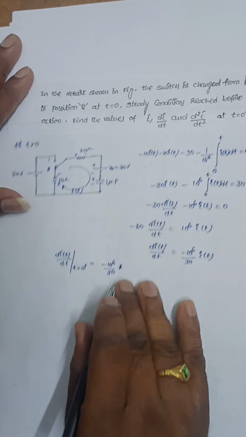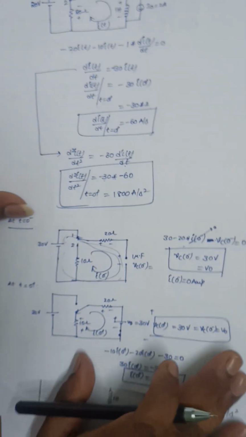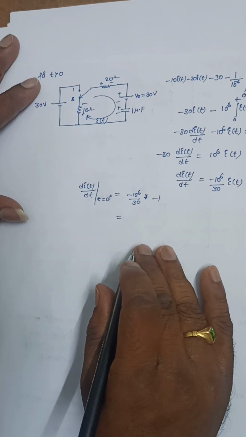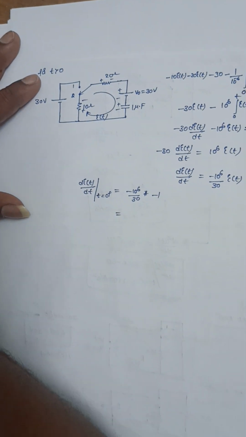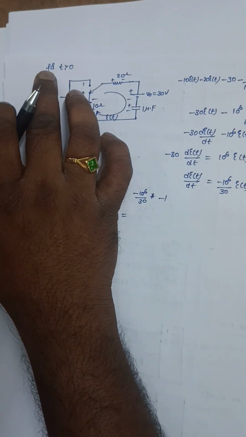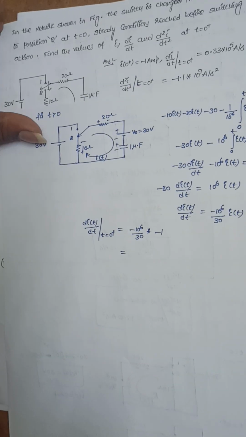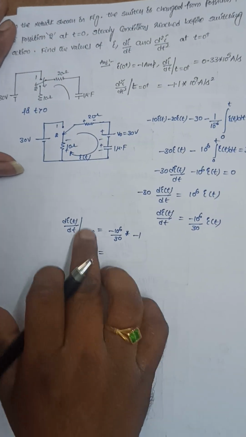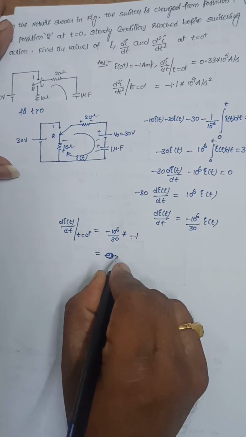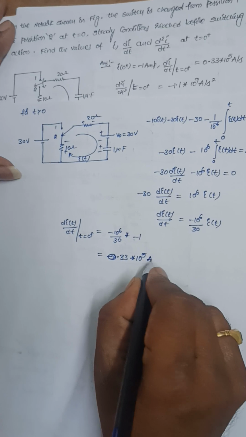I of 0 plus, we already calculated the value of I of 0 plus. Here it is, I of 0 plus is minus 1 ampere. So if I find the value of this, di of t by dt at t equal to 0 plus is minus into minus plus, so 0.33 into 10 power 5 ampere per second.